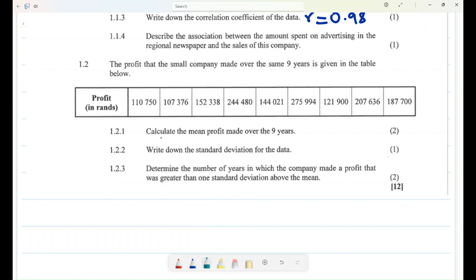Now they say calculate the mean profit. Remember what's the mean profit? You just need your calculator. But for mean, remember it is the sum of all your data, the sum of profit divided by the number of years.